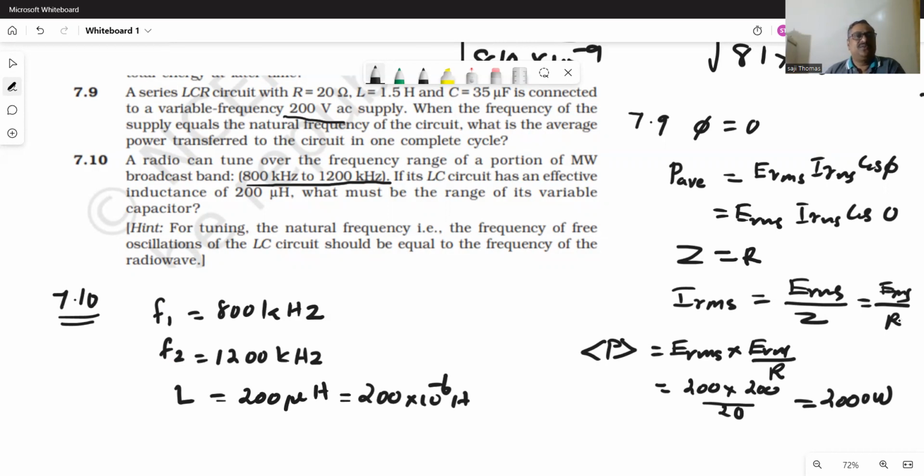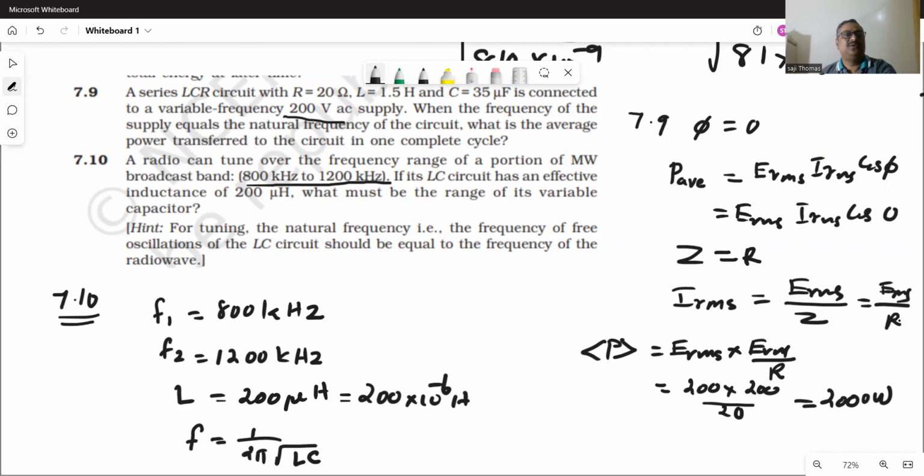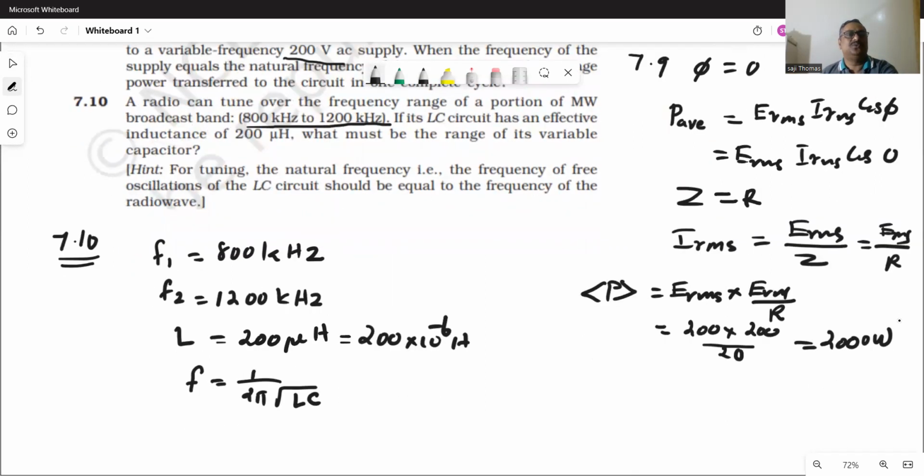You know the equation for frequency. Resonant frequency F is equal to 1 by 2 pi root of LC. You have to find out C1 and C2. So from this equation, if we rearrange, first you square it, you can remove the root. F square equals 1 by 4 pi square LC.